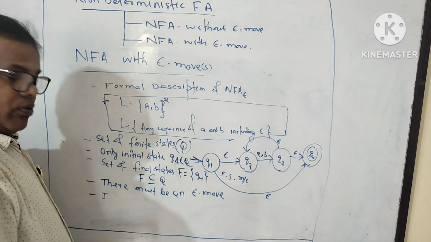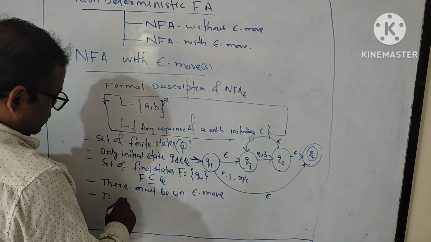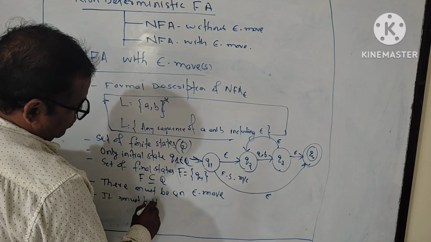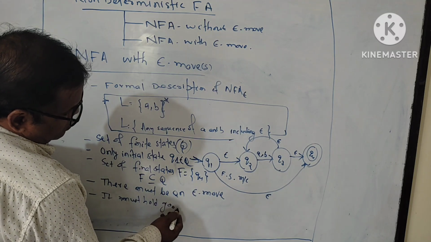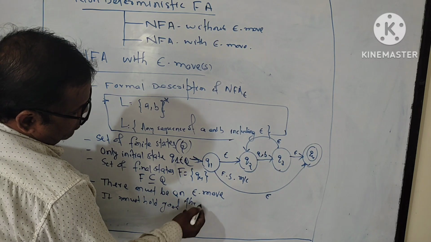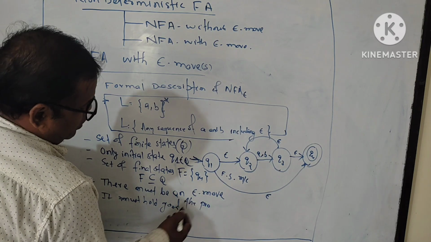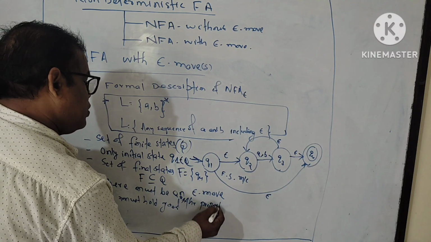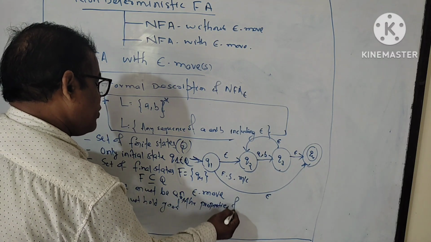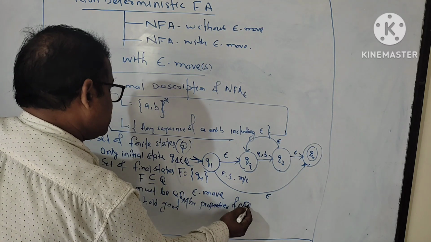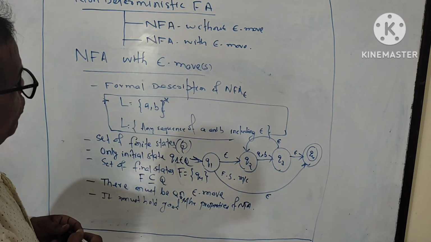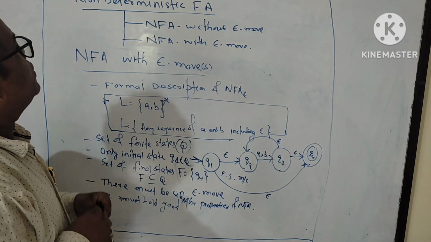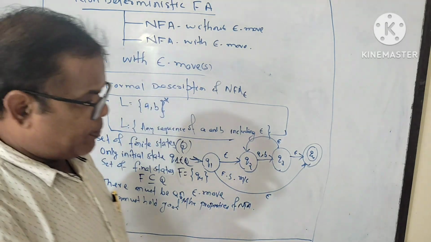There must be an epsilon move and it must hold good all the properties of NFA. This is the master fact. What we have understood from these three is that these are three different machines we have designed.